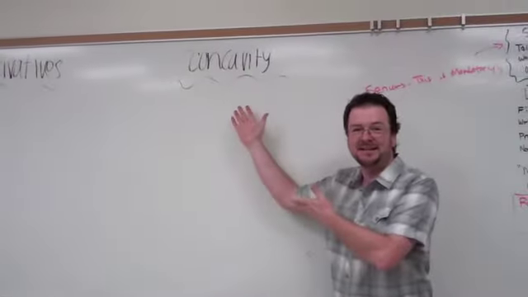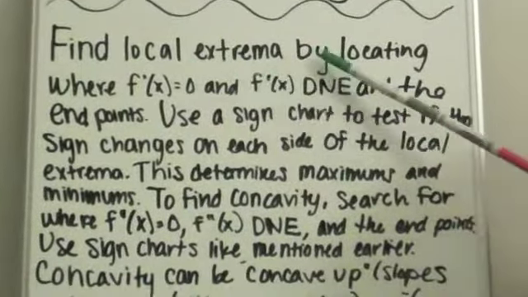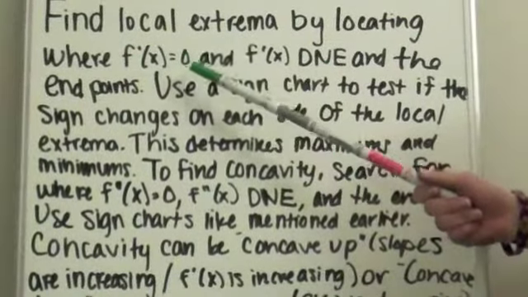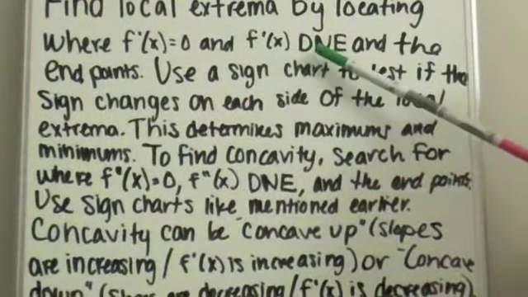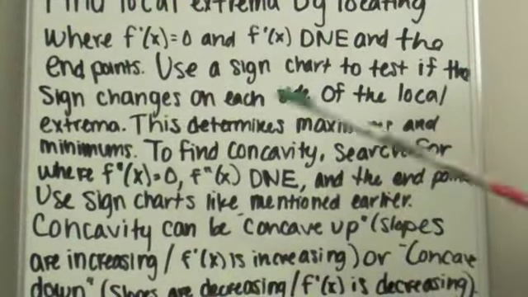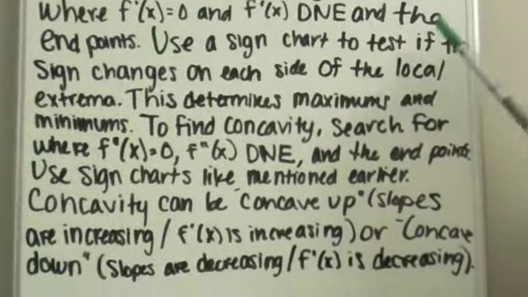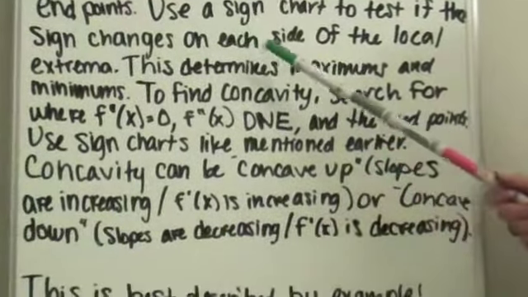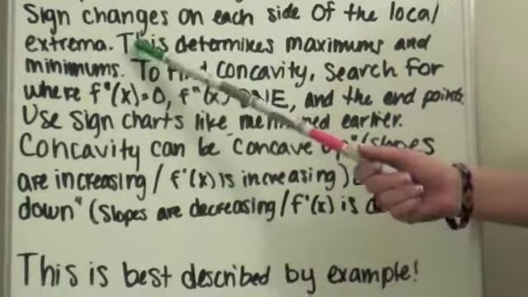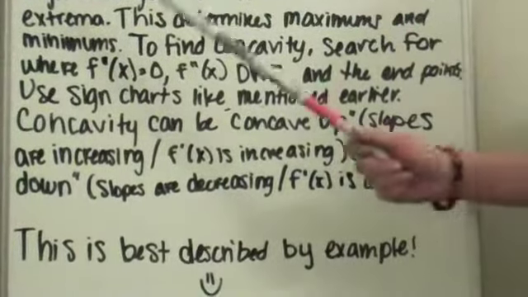go. Concavity. Okay, find the local extrema by locating where f prime of x equals 0 and f prime of x does not exist, and the endpoints. Use a sign chart to test if the sign changes on each side of the local extrema. This determines maximums and minimums.